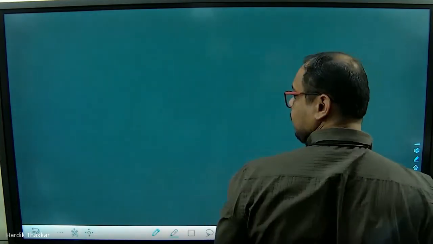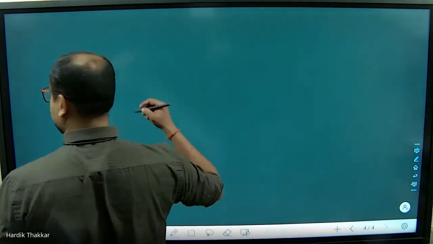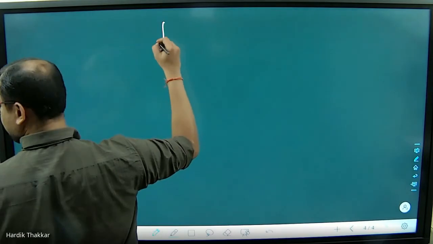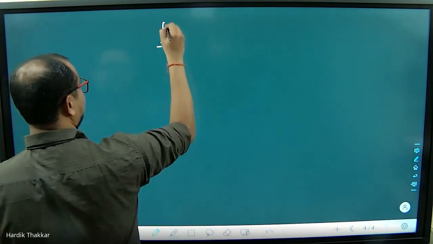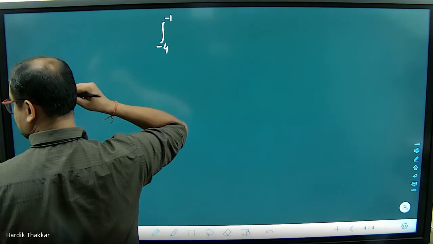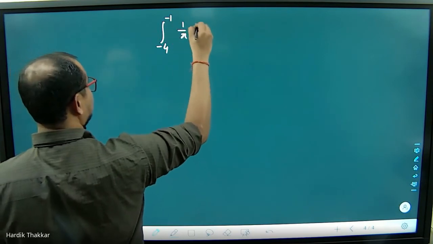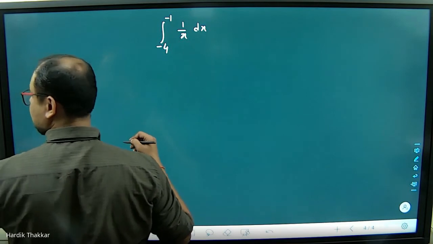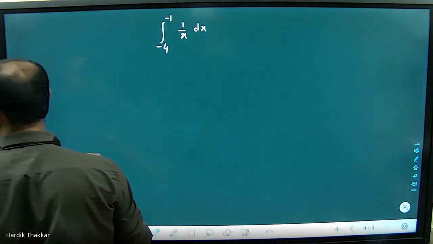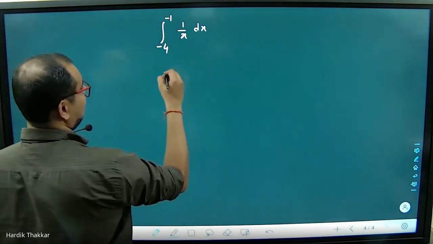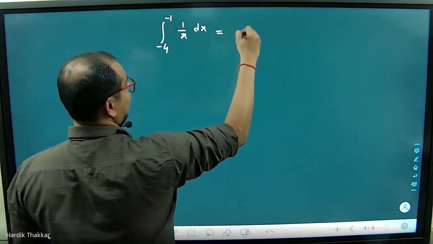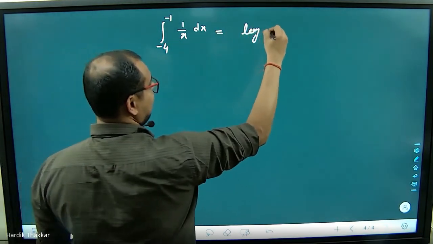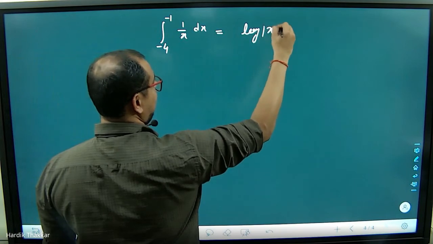Question 2 first part. Okay, so here it is the integration from -4 to -1 of 1 upon x dx. First, the integration of 1 upon x is log x. But actually it should be log mod x.